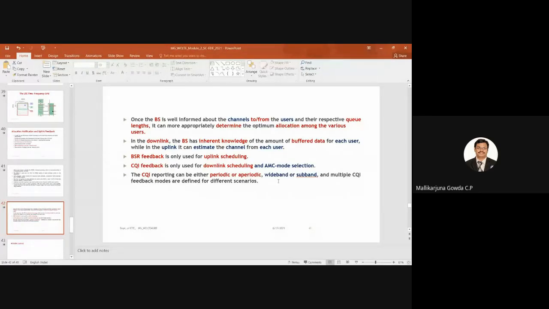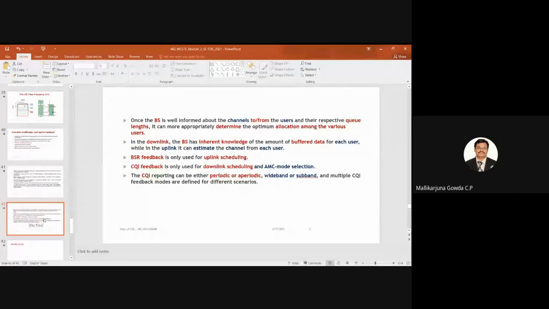It may be wideband or subband, and multiple CQI feedback modes are also defined for different scenarios. Hope you now have some idea how the BS and MS communicate, and how the mobile unit or user equipment knows what resource block to use for transmission and reception.